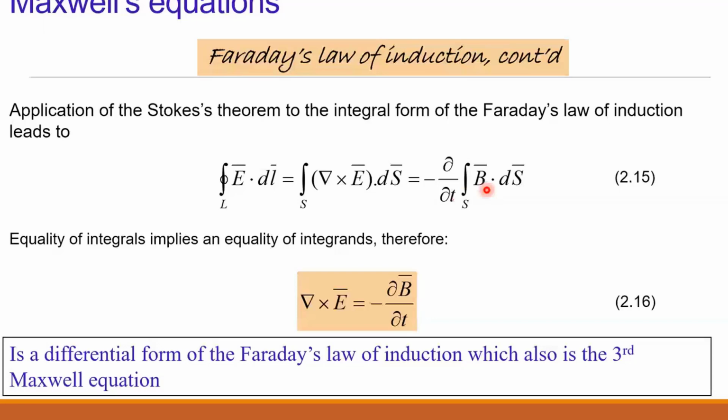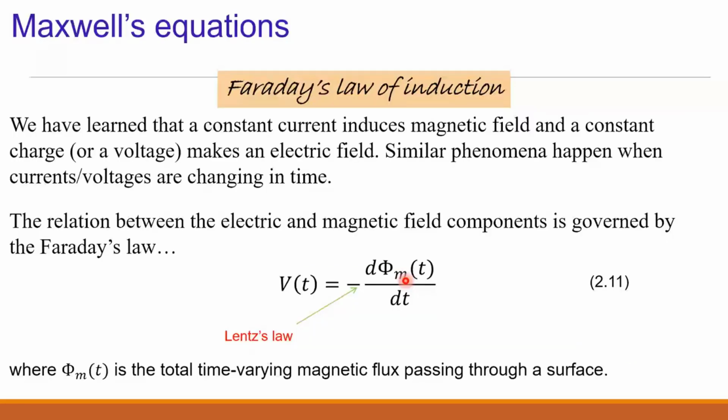In electrostatics, what is the change here? In electrostatics, del cross E is equal to 0 because there is no variation of flux. Because d phi by dt is 0 there, there is no variation of B bar, and hence del cross E is 0. But here, a magnetic field is generated because current is present, and the current is changing with respect to time, so the magnetic field is also changing with respect to time.